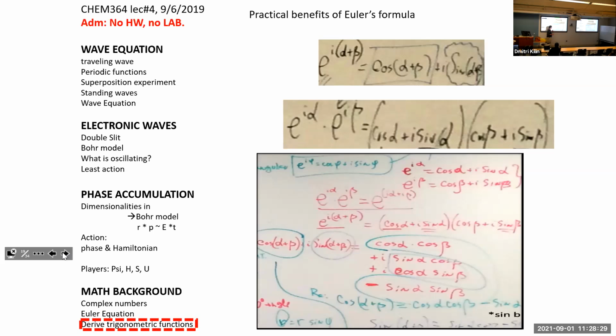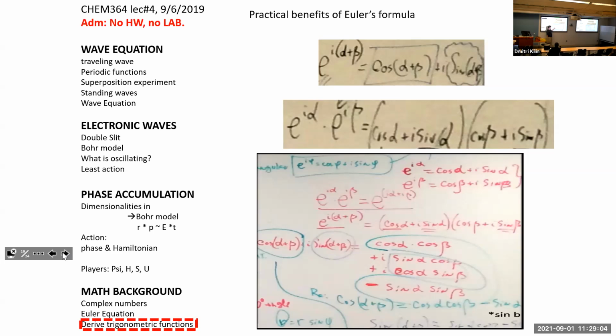The cosine of the sum is the product of cosines, real, minus the product of sines, real, and then the products of sine and cosine are imaginary. So the real part here must be equal to the real part there: cosine of the sum is cosine alpha cosine beta minus sine alpha sine beta.